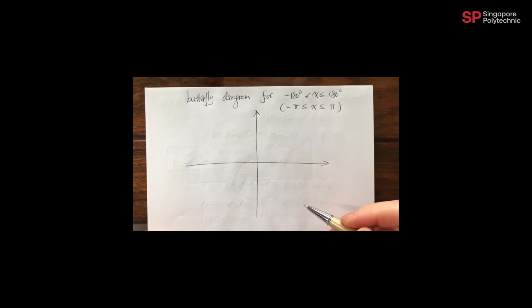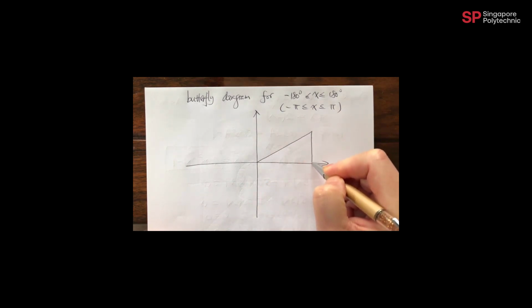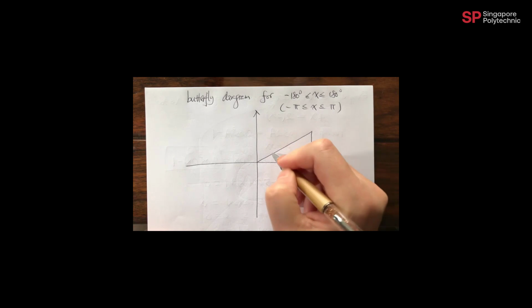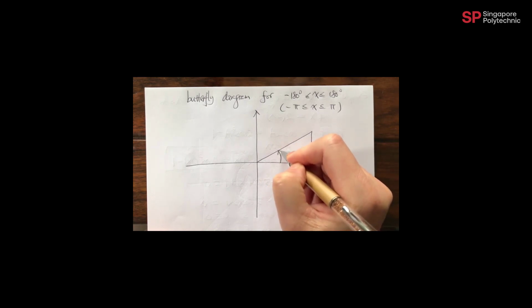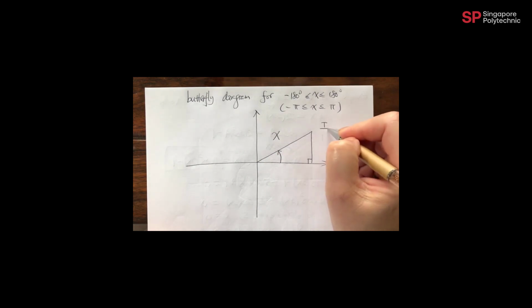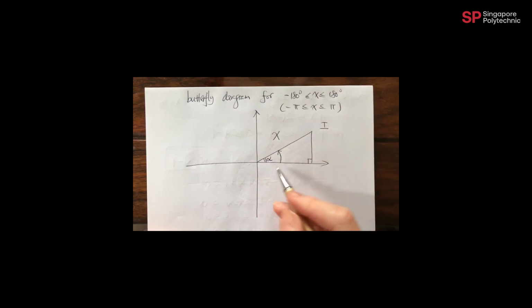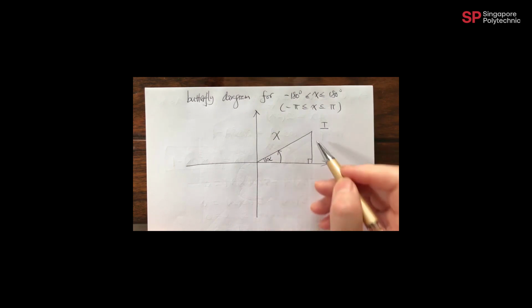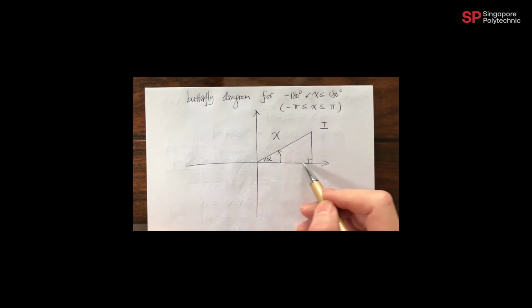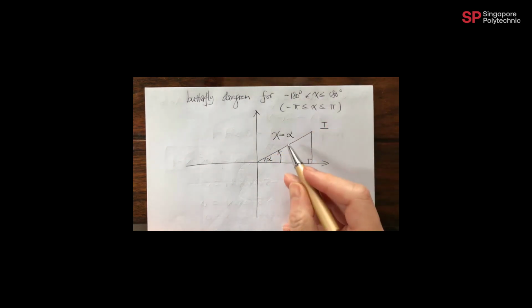Right? So let's start. If I rotate the angle anti-clockwise from 0 to this position, this is my x. That's my quadrant 1. So same thing, I use this little acute angle alpha to help me visualize my opposite and adjacent side. So this tells me x equals alpha.